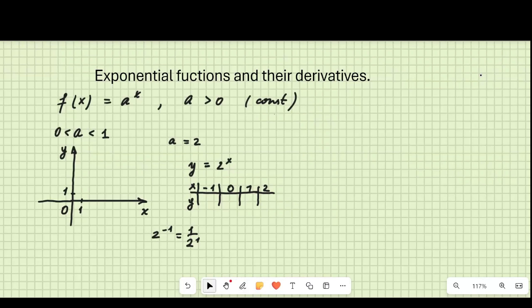So this is 1/2, and I'm going to write down 1/2 over here. Let's recall what 2 to the power of 0 is. By definition, all numbers to the power of 0 make 1. This is going to be the same point for all exponential functions. Every time you raise any number to the power of 0, you get 1.